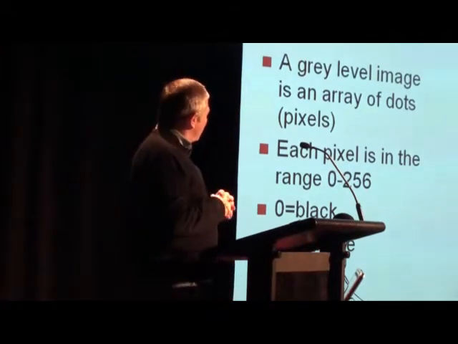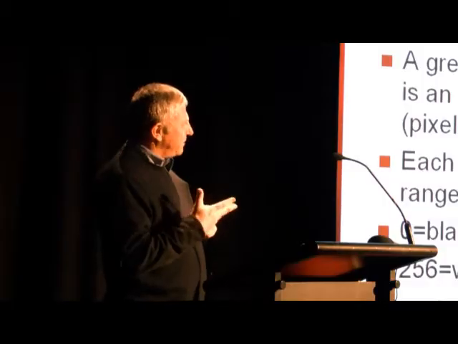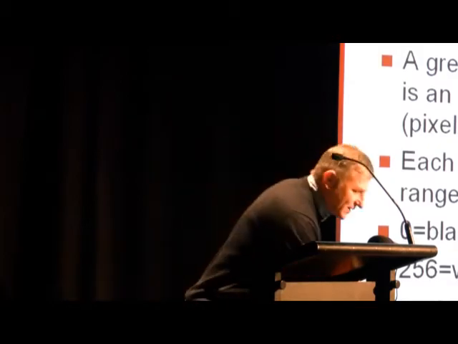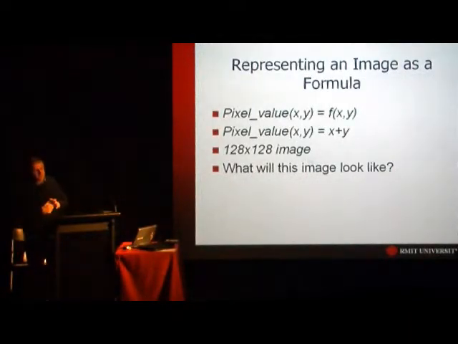So in a relatively simple image, the range of pixels is 0 to, it's actually 0 to 255, isn't it? Where the lower end is black and the higher end is white. Now, this kind of representation of an image is a little bit difficult to do anything with in the evolutionary world.